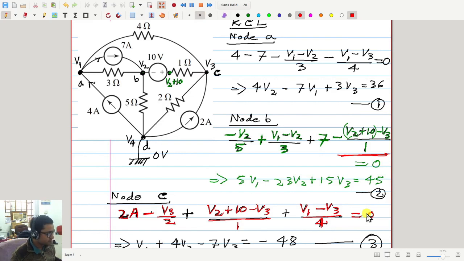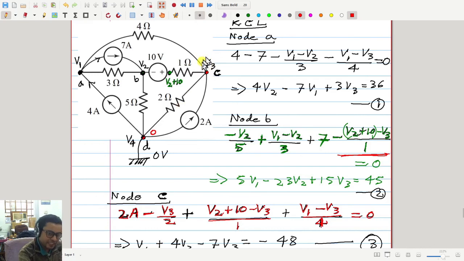Sir, can you please tell me how to identify whether current is coming in or leaving in a particular 2 ohm resistance? See, this point we have assumed to be at V3, and this point is at 0 volt. You may say I don't know the value of V3, it may be positive or negative, so the current may actually come in or go out. But we will not bother about that.